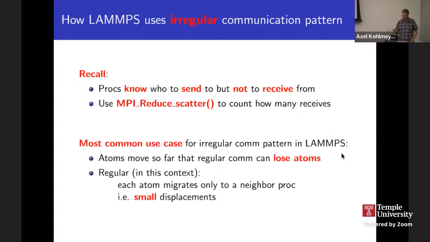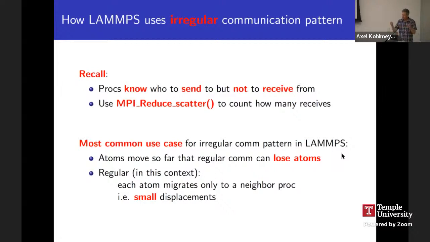So the most common use case for irregular communication in LAMMPS is when atoms move so far due to some operation that the regular kind of communication might lose atoms. In this context, regular communication means the assumption is that atoms only go to an immediate neighbor processor. So they go to the left, right, up, down, forward, back, and one of those processors is going to need that atom.